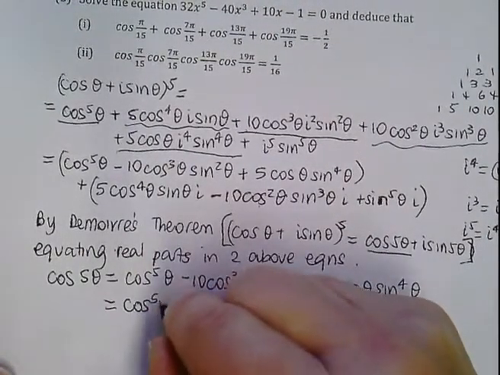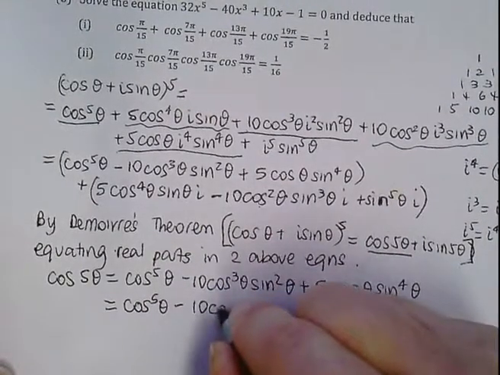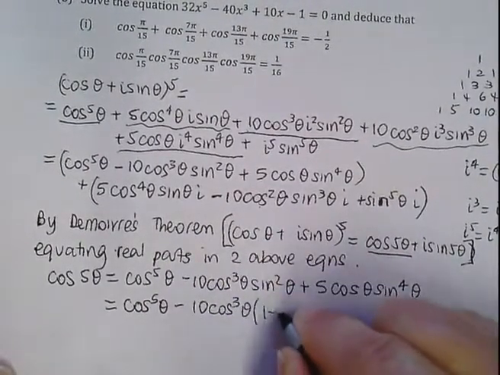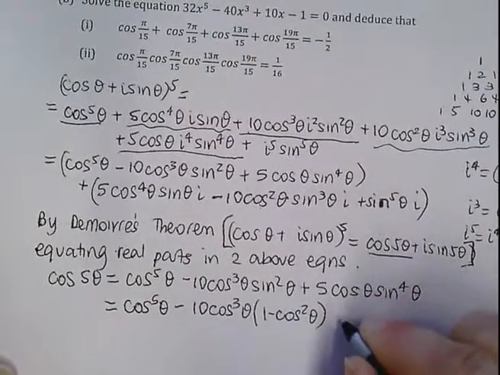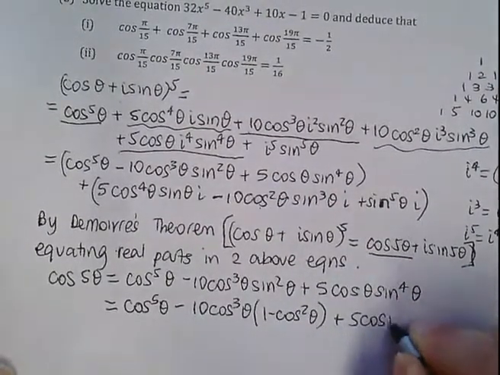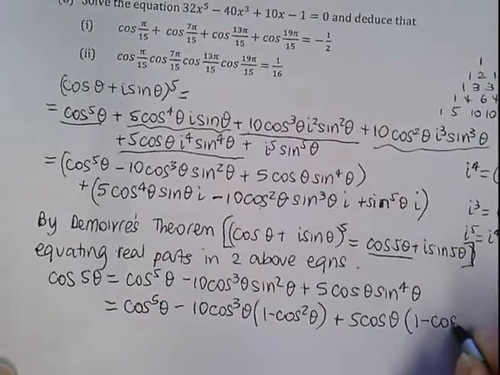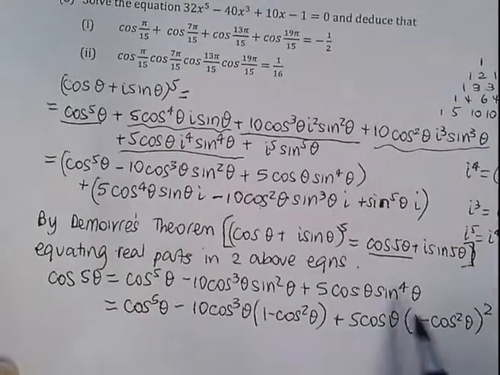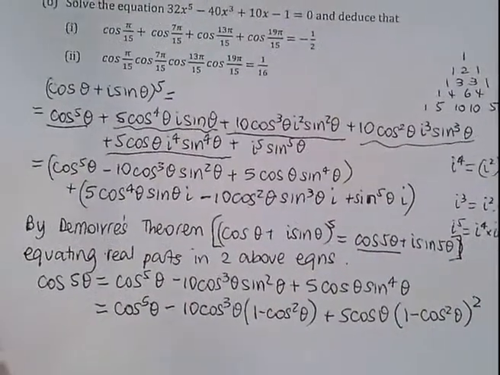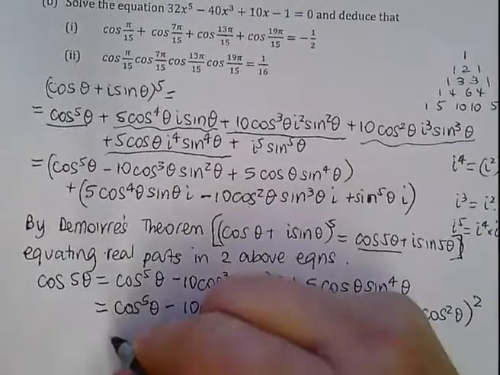So cos to the power of 5 theta minus 10 cos cubed theta times 1 minus cos squared theta plus 5 cos theta times 1 minus cos squared theta squared, because sine to the power of 4 theta is sine squared theta squared.